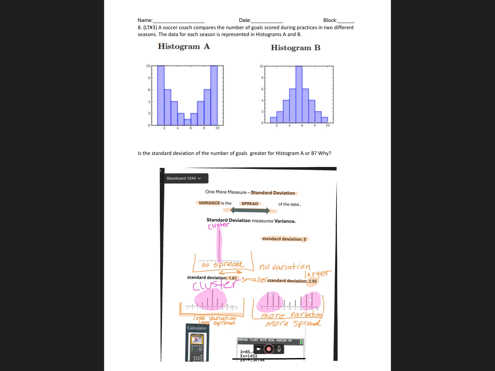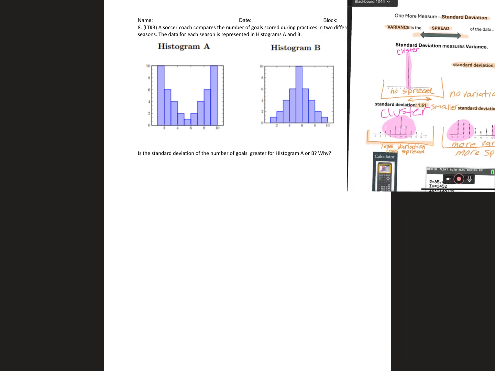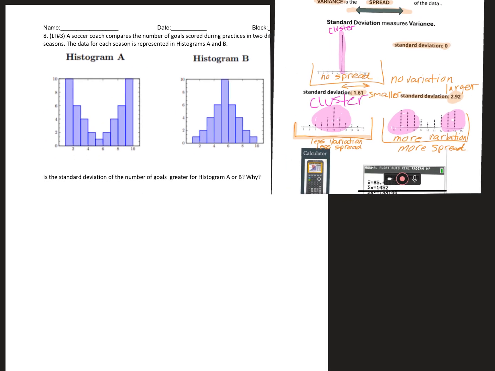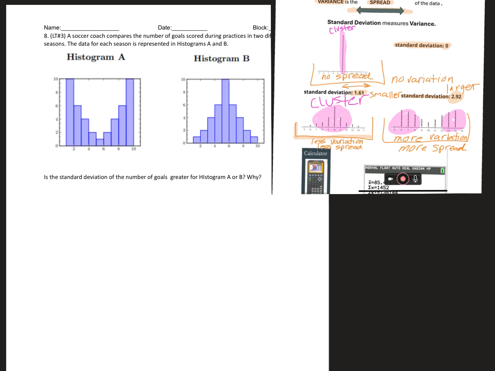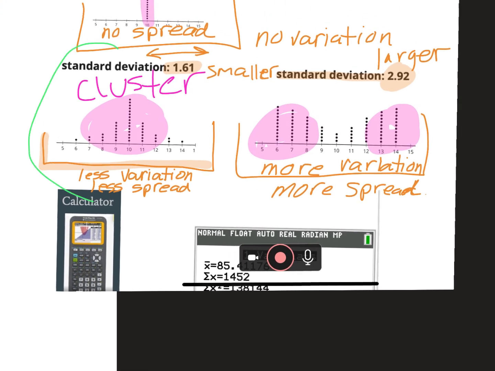For question number 8, you're going to want this reference sheet that we did in class, and you're going to want to pay the most attention to this part right here. I'm going to zoom in here. So remember that, see how this one is clustered around the middle?